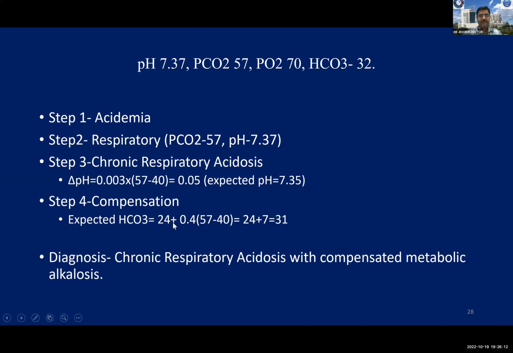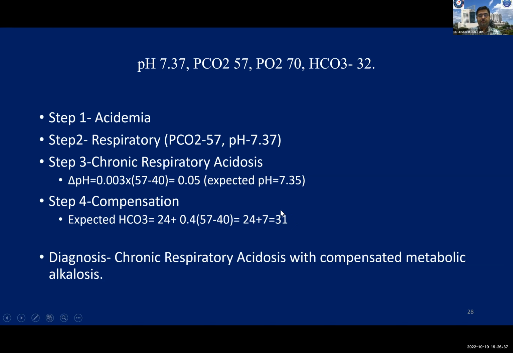So 24 plus 0.4 into 57 minus 40, which is 17, gives you about 7. So 24 plus 7 is 31, which is close to the bicarbonate that you have here. So your diagnosis would be chronic respiratory acidosis with compensated metabolic alkalosis, because the bicarb has risen here.